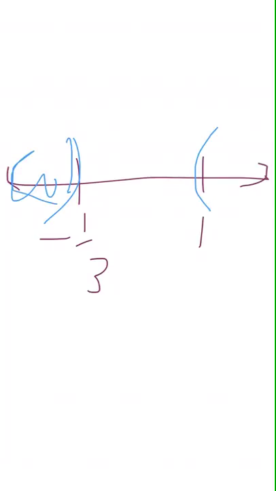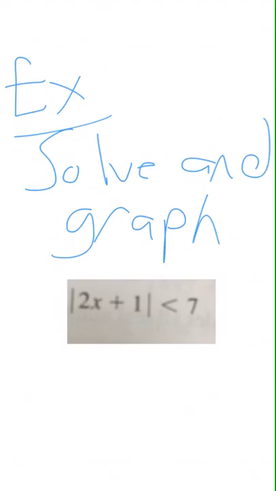If we graph it on a number line, negative 1/3 and 1, since they were both strictly less than or greater than, no equal to on either of them, they'd both be parentheses. And they would both go off in opposite directions because we want x less than negative 1/3 and x greater than 1.